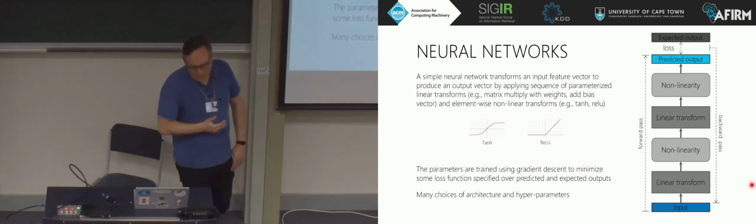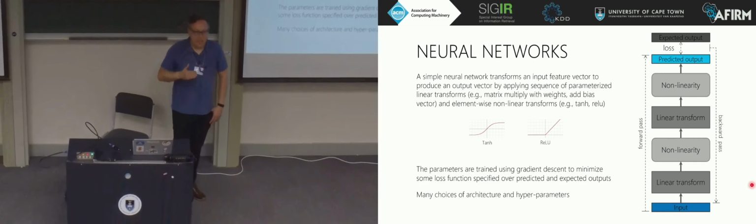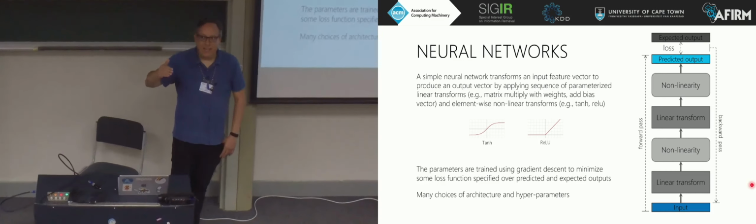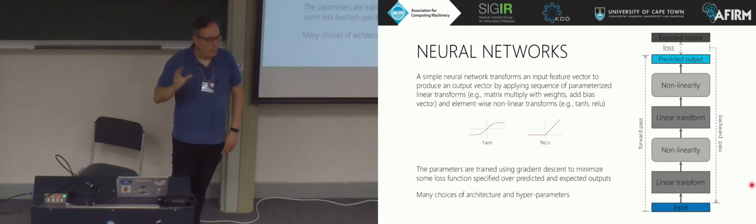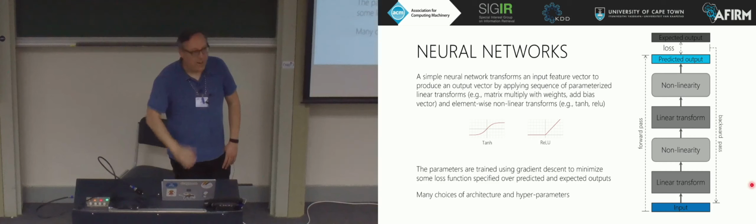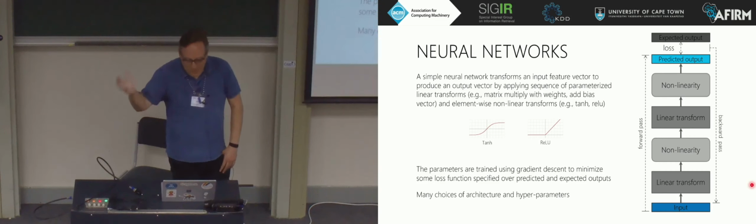The reason we do that is because if you just apply a bunch of linear transforms in a row, then that collapses down to just one linear transform. You're not really doing anything. So it's really important to have the nonlinearity periodically so that you're actually learning a more complex function.